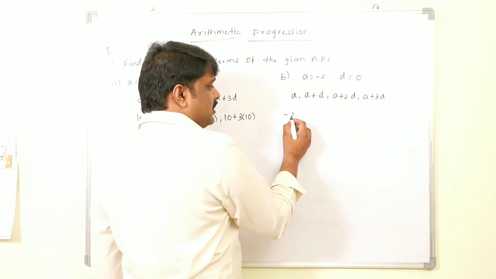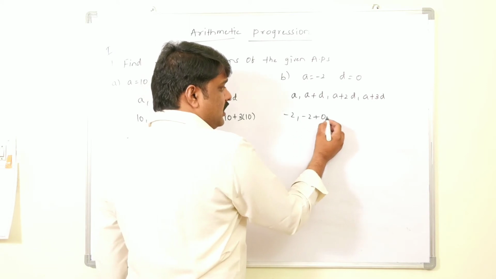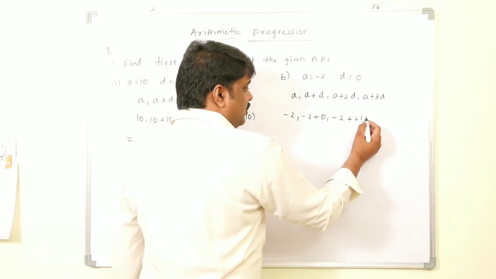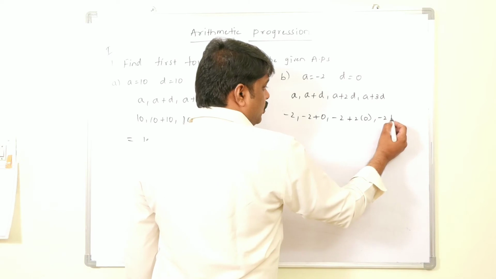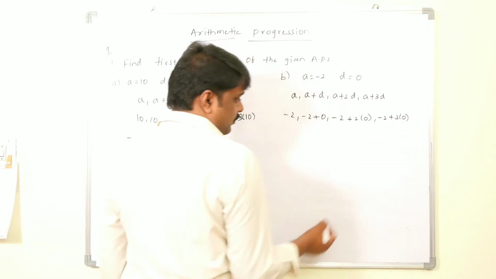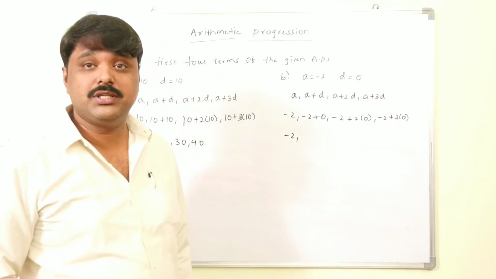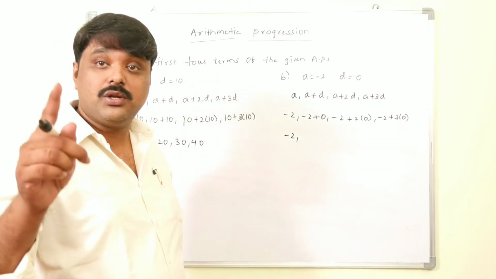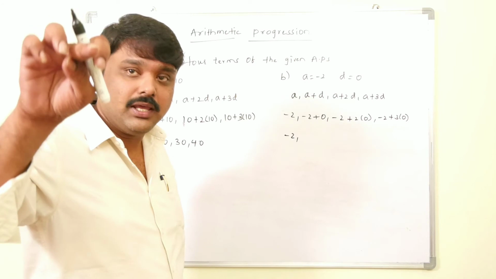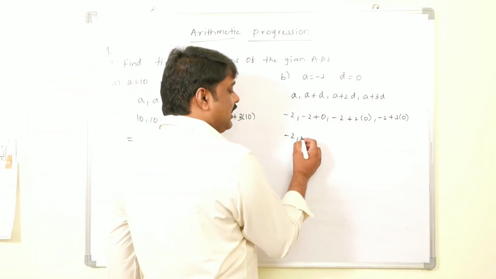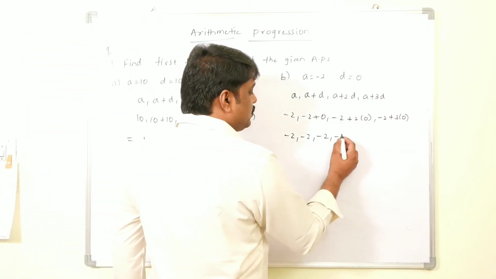A is minus 2 and D is 0. 2 into 0, 3 into 0. Anyway, something into 0 is always 0. Something plus 0 is something. What is that something here? Minus 2, minus 2, minus 2.